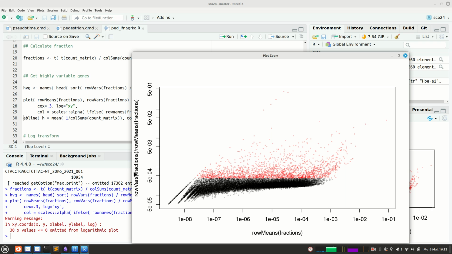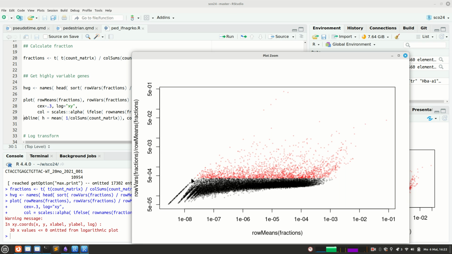Row var just means the variance of a gene taken over all the cells, and under Poisson conditions, so if a gene actually doesn't vary from cell to cell, then we expect to see a technical noise due to the Poisson statistic, which should be proportional to the mean. So I divide by this, and then I see that the majority is more or less constant, and the biologically interesting genes stick out from this.